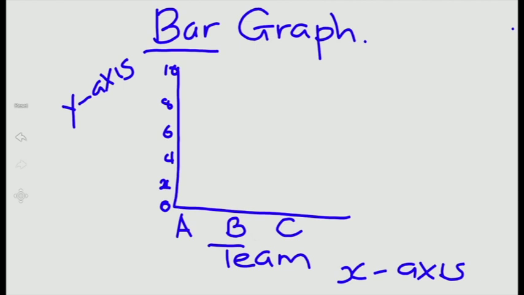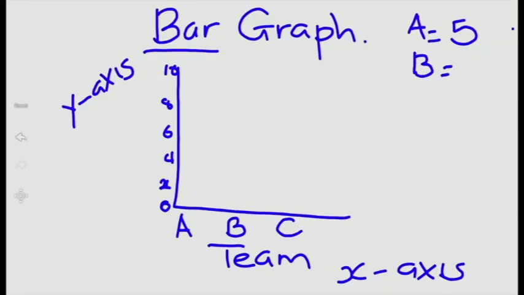What you need to know with the bar graph is that those bars don't need to be attached to each other. They need to be detached from each other. They need to stand on their own. Most of you confuse a bar graph with a histogram.